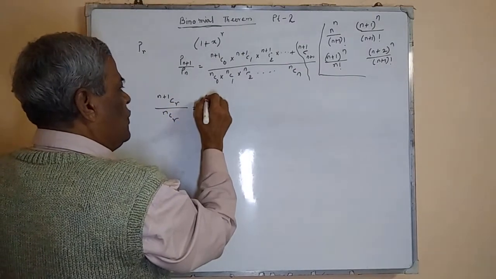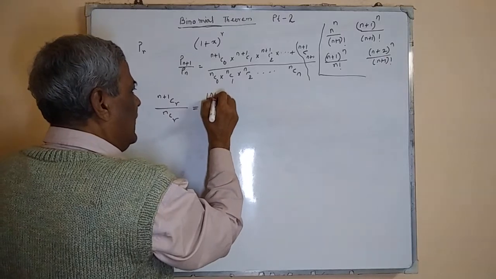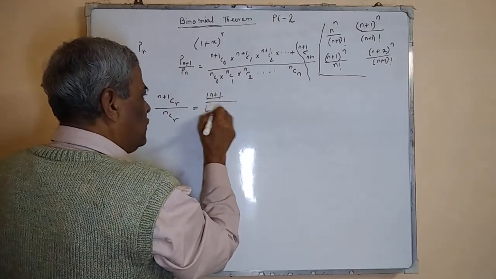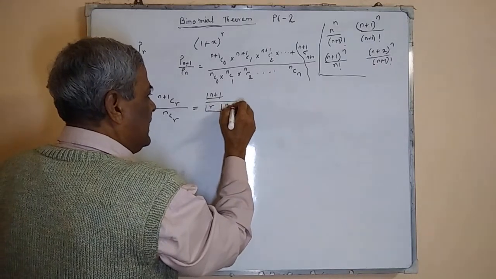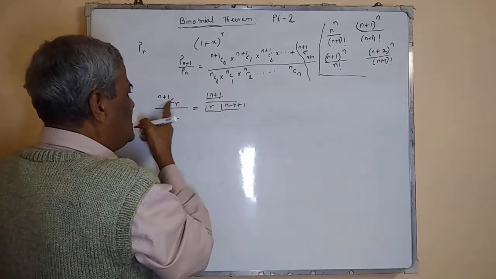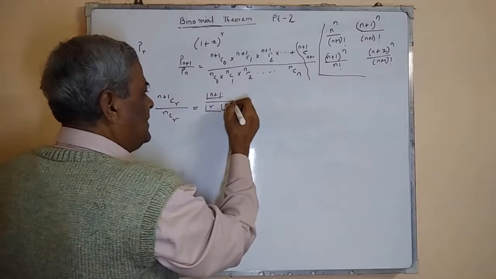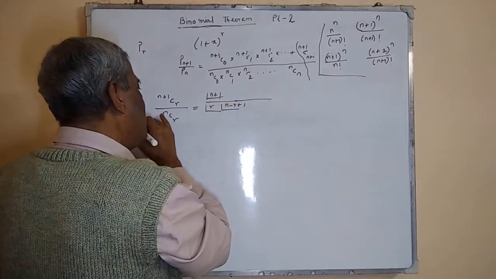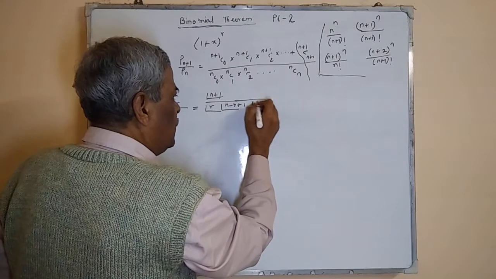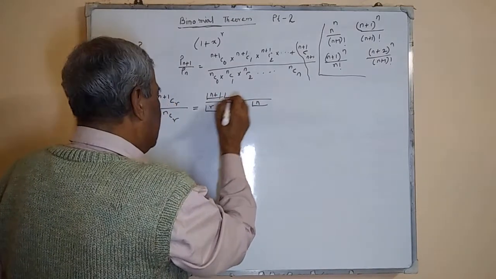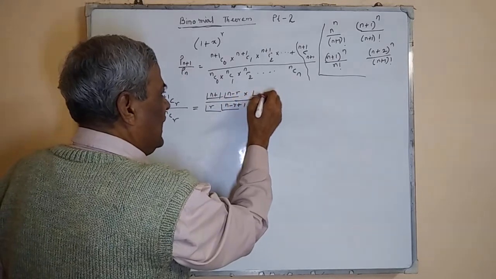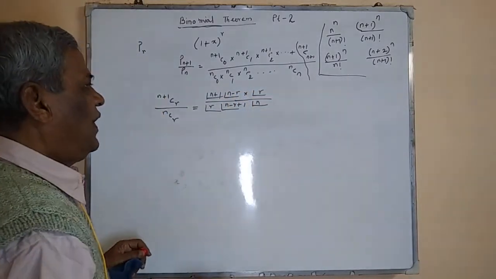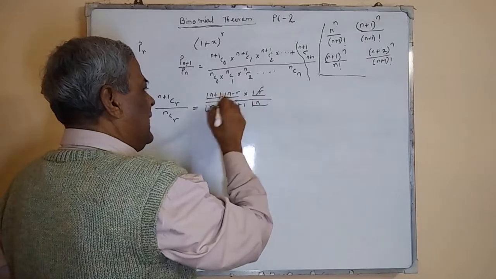This is equal to factorial of (n+1) by factorial R into factorial of (n-R+1), whole divided by nCR, which is factorial n in the numerator, over factorial (n-R) into factorial R. So they cancel.